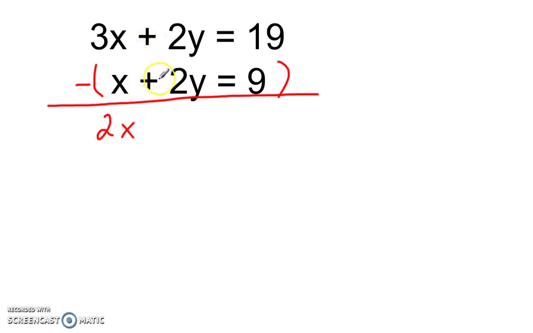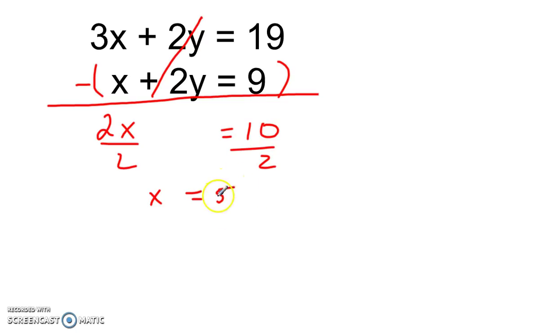I'd have to subtract this also, 2y minus 2y would leave me with 0, so those two would cancel out, which is my goal. I always want to cancel one of the variables out, and then 19 minus 9 is 10, then divide that by 2, and x equals 5.